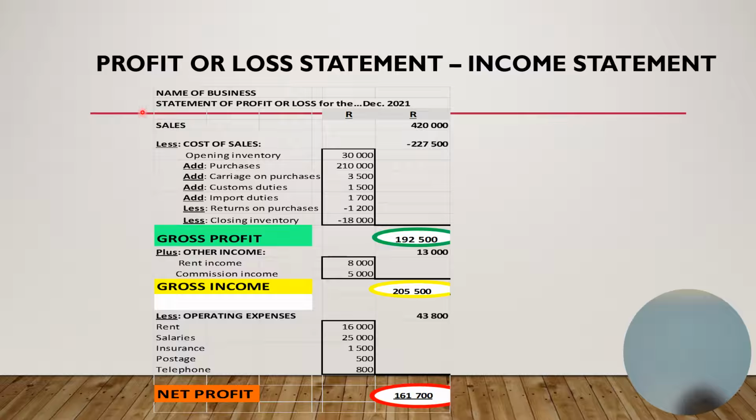That means you are working on the debit side, you are also working on the credit side. It moves like this. But the statement moves like this. Okay guys, let's go to the next slide.